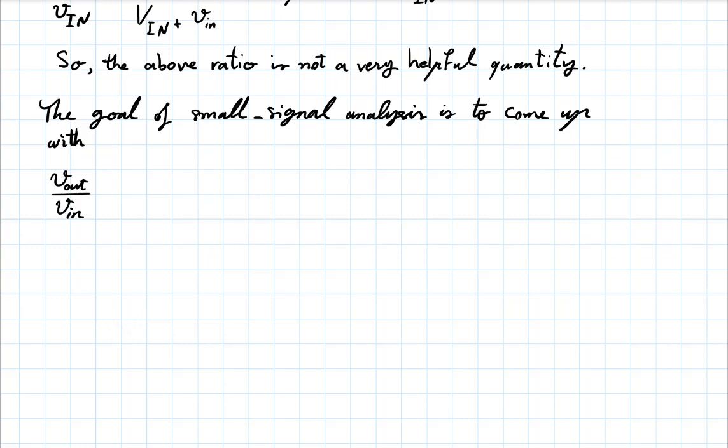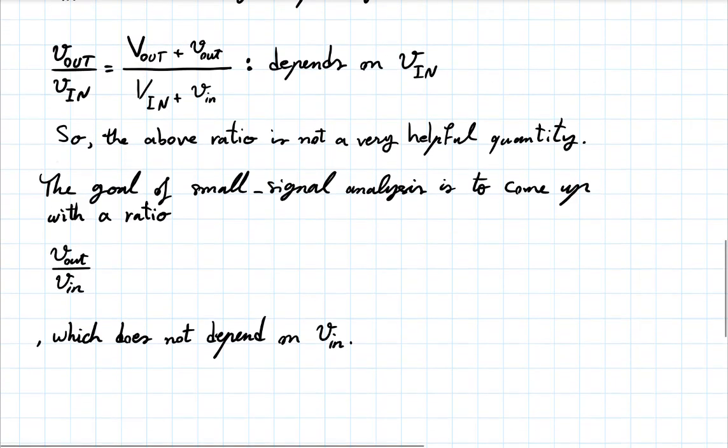To come up with a ratio like that, which does not depend on Vn, Vn being this thing in the denominator. It's the small signal at the input.